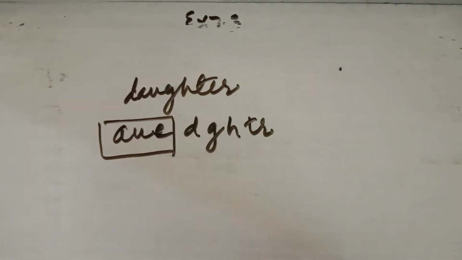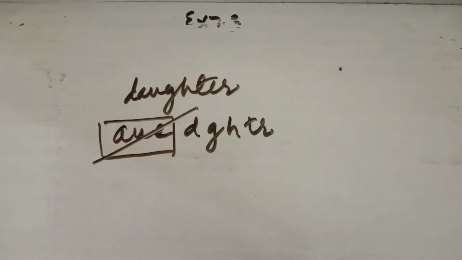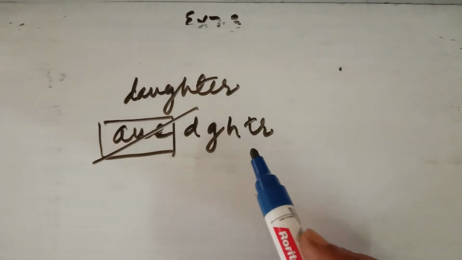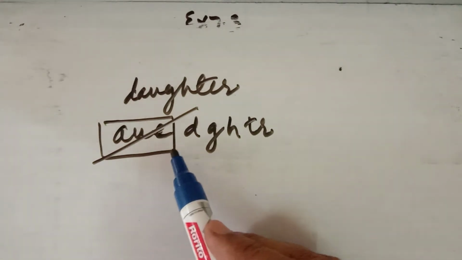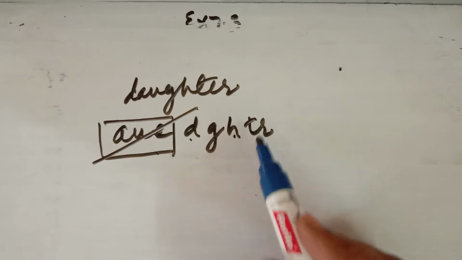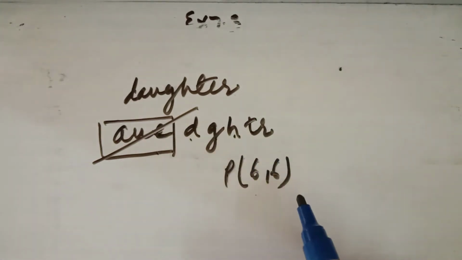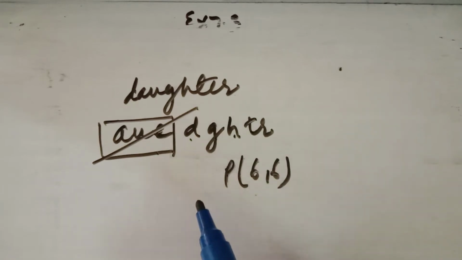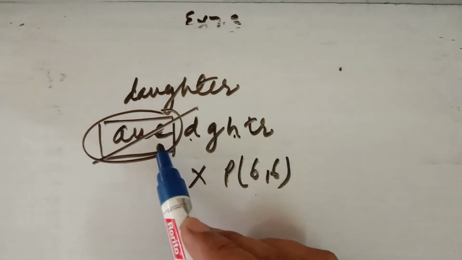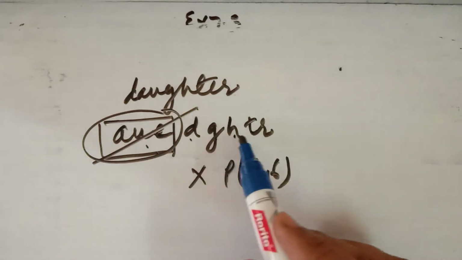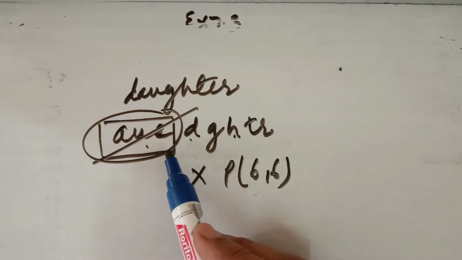Whenever a particular thing has to be together, you treat it as a single unit and arrange the other elements with it, considering A, U, E as a single unit. So 1, 2, 3, 4, 5, 6. The permutation of 6, because no alphabet is repeating, so you don't have to divide by any factorial. But A, U, E can also be arranged among themselves.